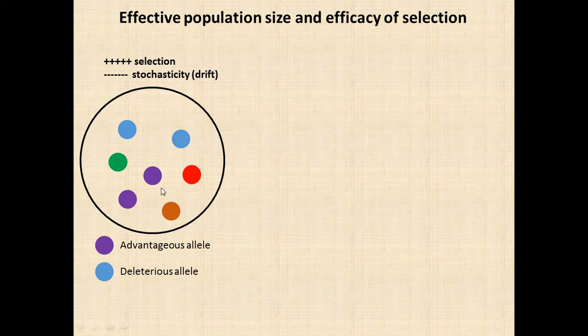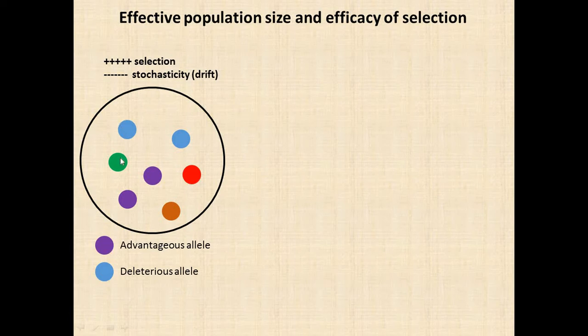So in this case there's going to be quite a strong opportunity for selection to act, and stochasticity, which means change of alleles due to drift, to random events, will be quite low, because that's precisely the point of Hardy-Weinberg equilibrium.